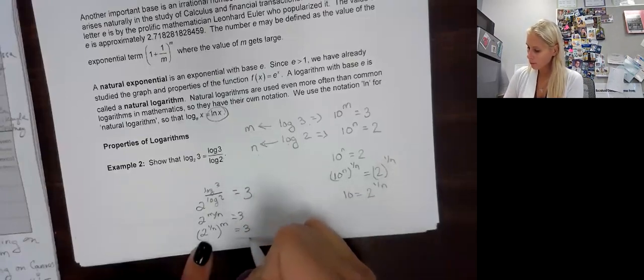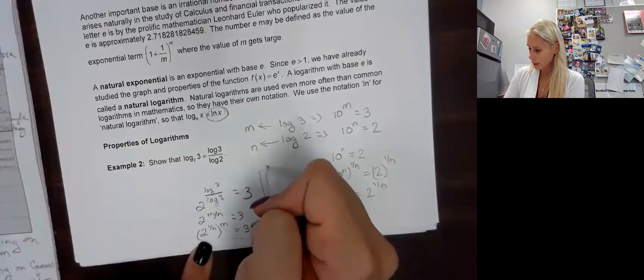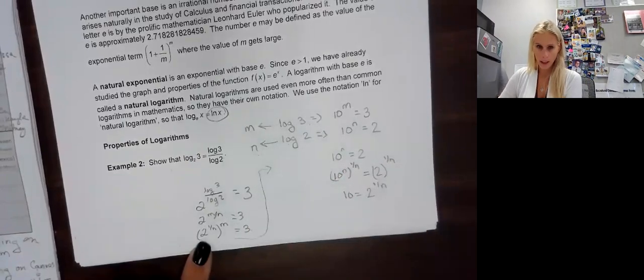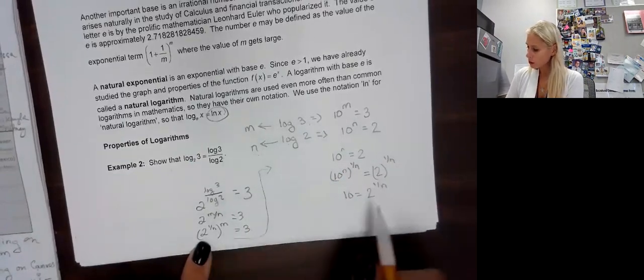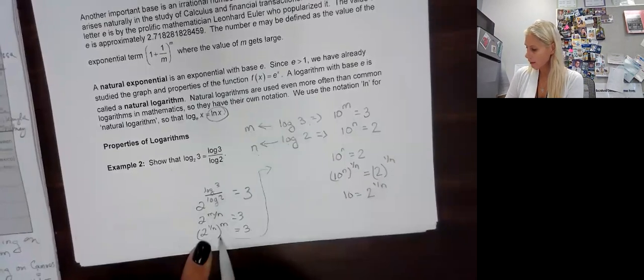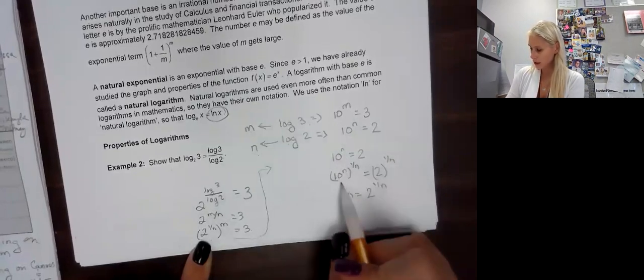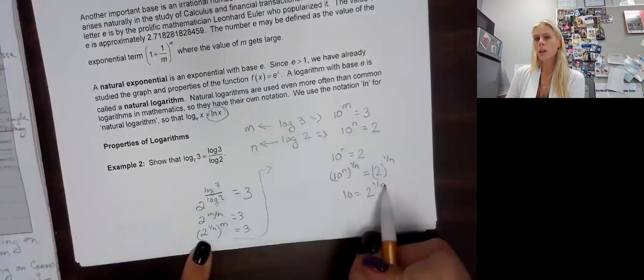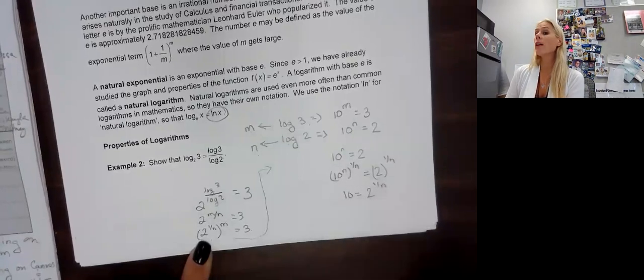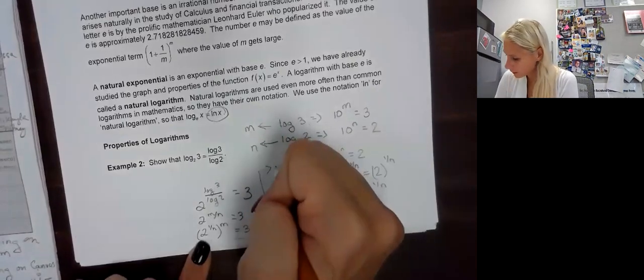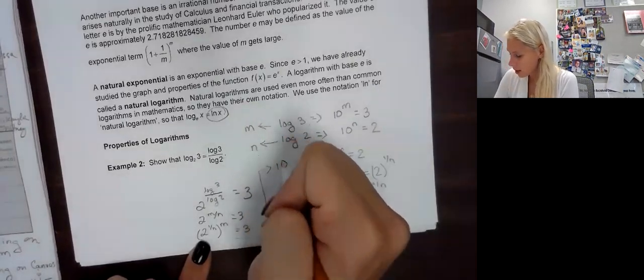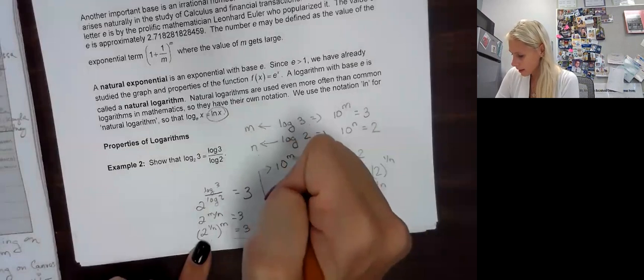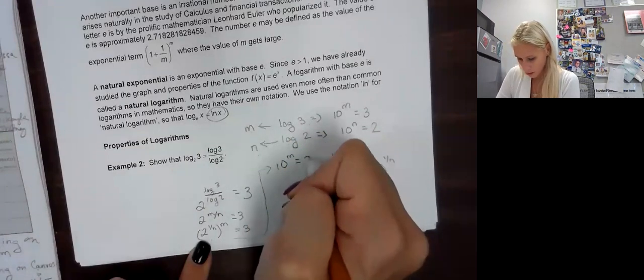Now I'm going to move my work up here because I put it too small and I'm running out of room. Well, what did we just do over here at the beginning? I manipulated this and changed this all around, so that 2 to the 1 over n is actually the value of 10. So I'm going to substitute that in. Now I have 10 to the m equals 3.